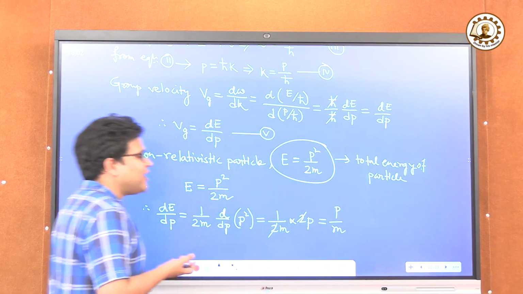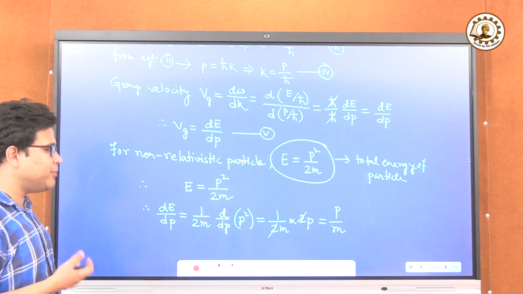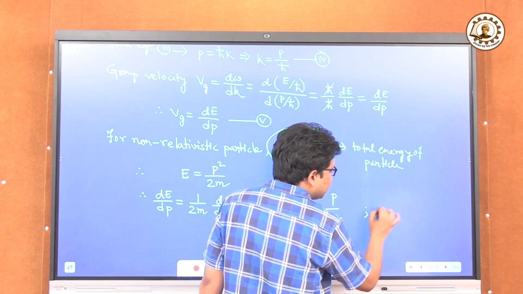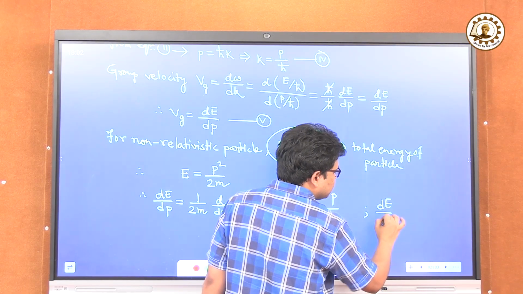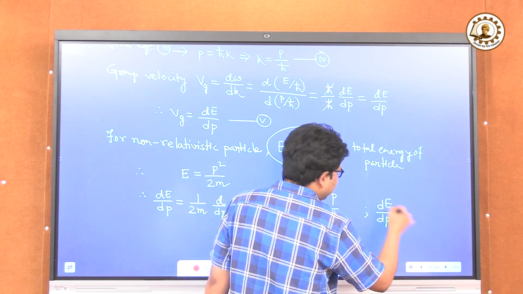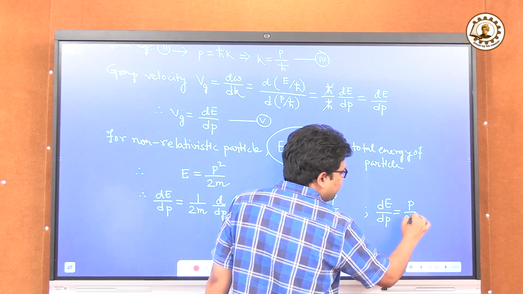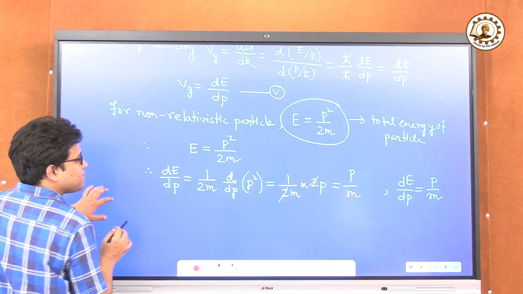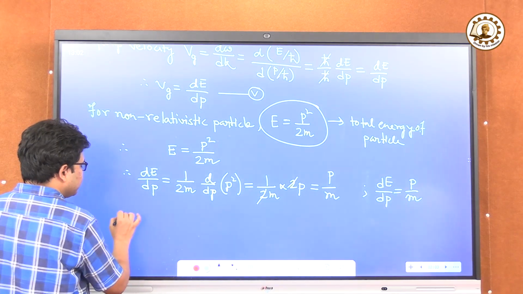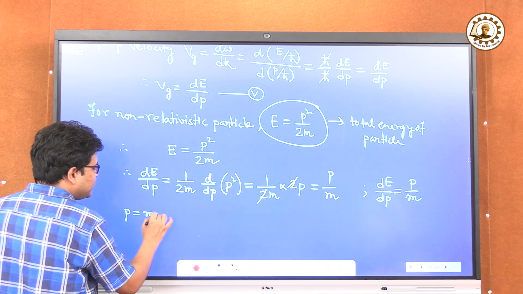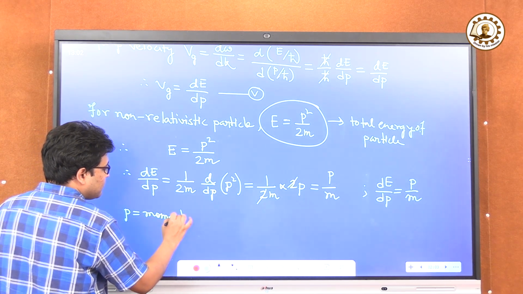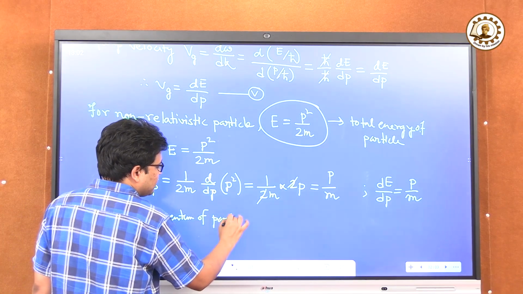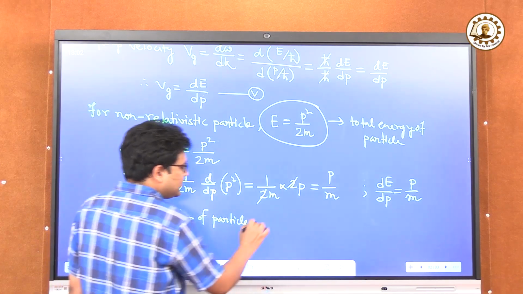Now what is P? P is momentum, as I have already mentioned. So dE/dP equals P by m. Here P is the momentum of the particle. Now what is momentum?